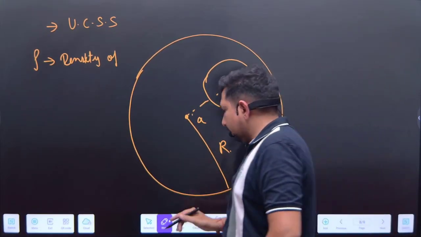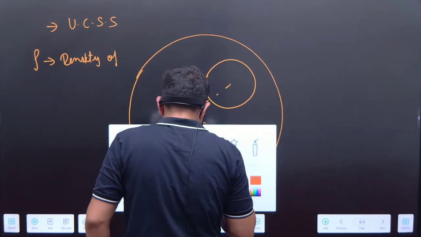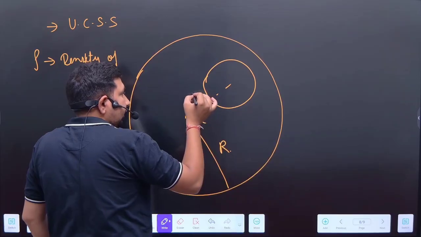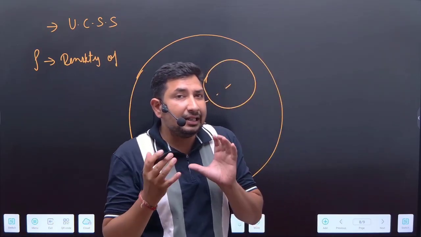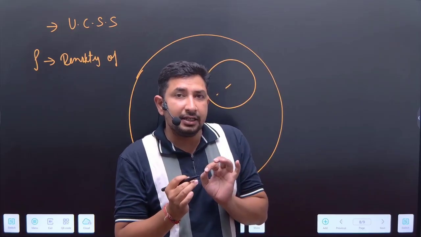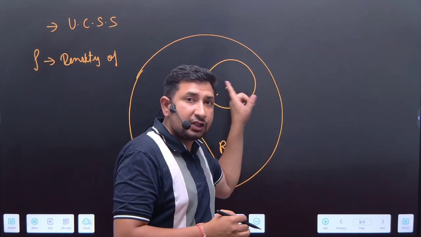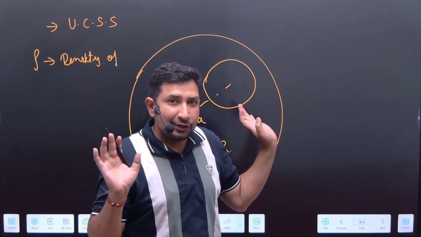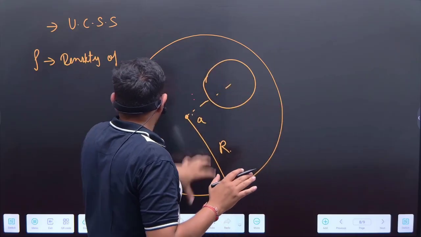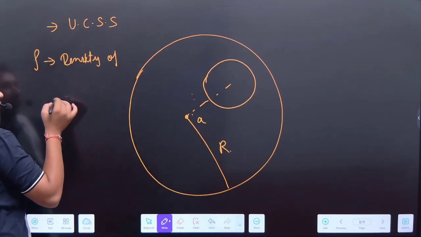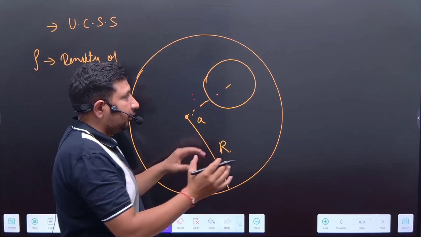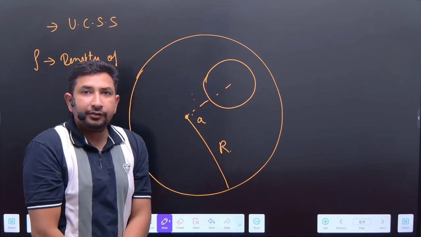We can do it by considering this, instead of considering it as a cavity, just consider it as another sphere whose density is the same as the density of this entire sphere but negative. So if rho is the density of this entire sphere, then minus rho is the density of another sphere which is placed instead of this cavity.